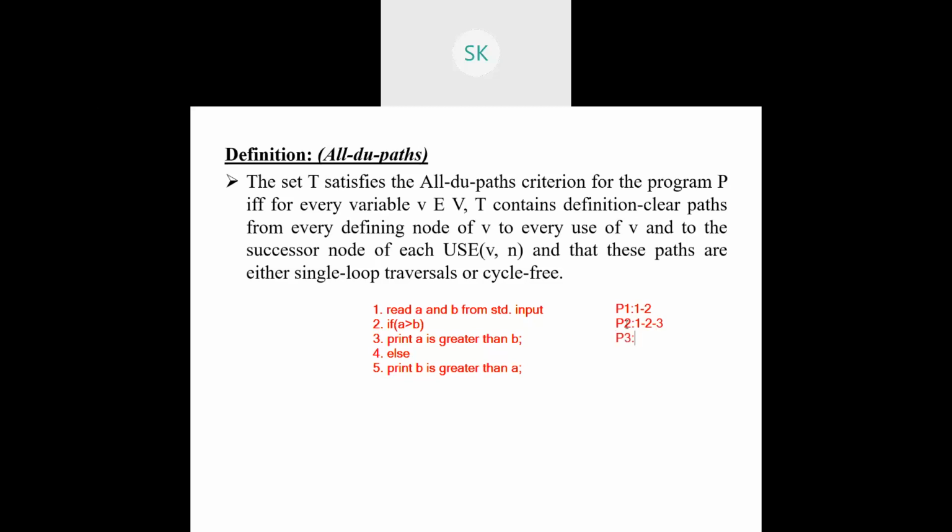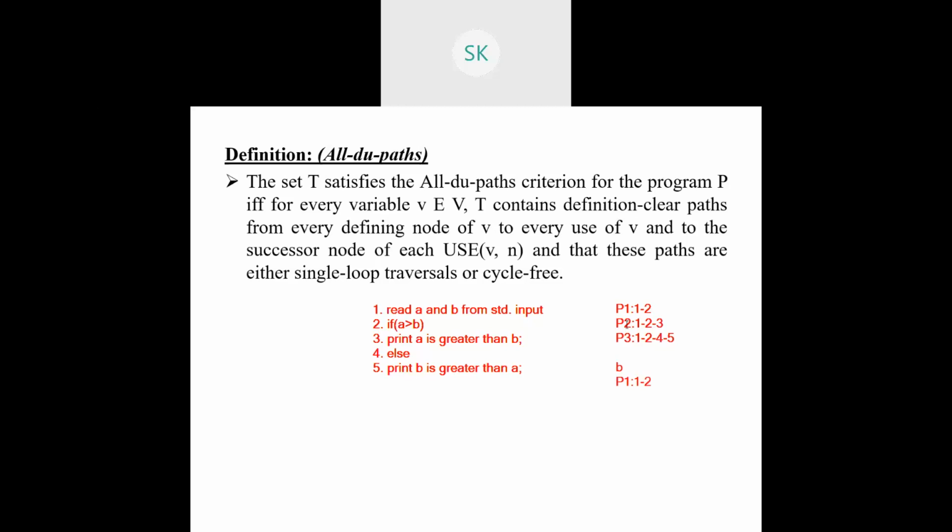If I just identify it: 1, 2, followed by 4, followed by 5. That is for variable A. This is for variable B. Once again, path 1 is 1 to 2 itself, because you are using it as well.